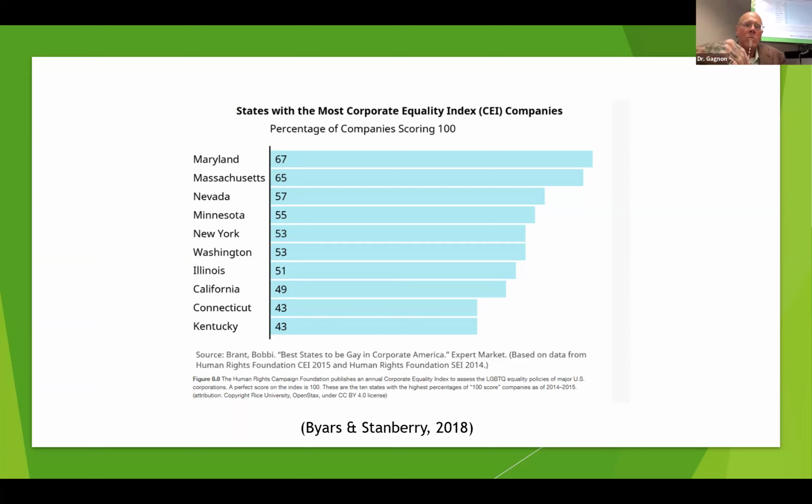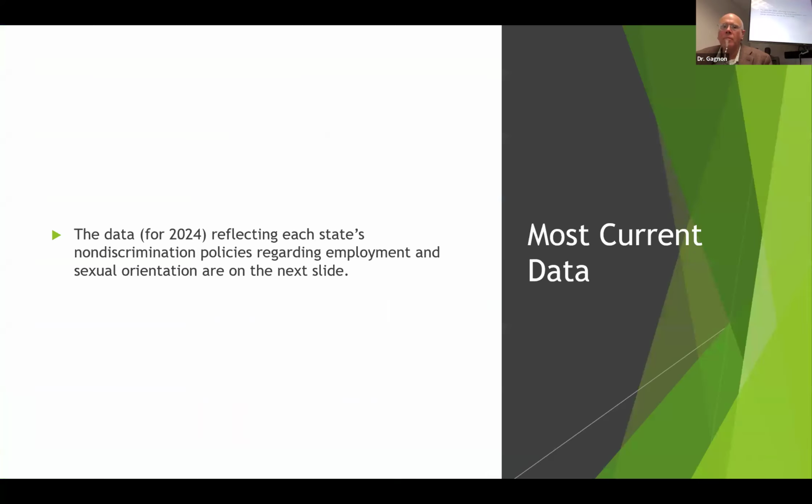At the bottom of this list would be Kentucky. So this just gives an idea. These are the states with the highest percentage of companies that are being very equitable when it comes to sexual orientation. The data for 2024 reflecting each state's non-discrimination policies regarding employment and sexual orientation are coming up next.